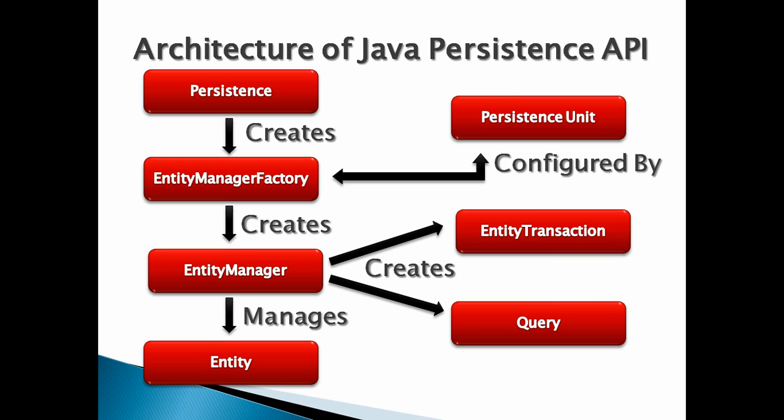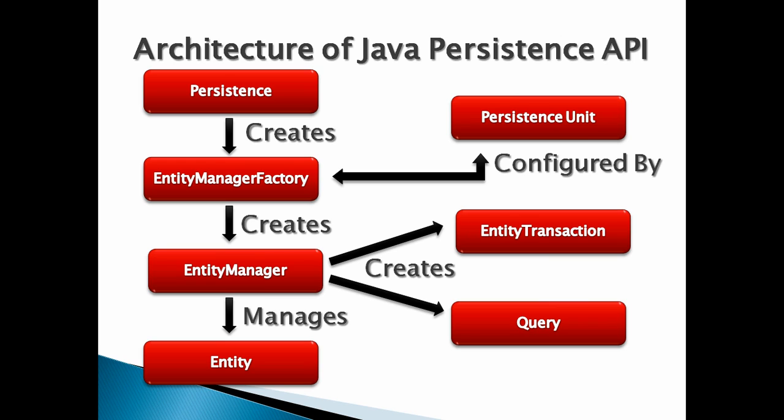Entity Manager Factory is created or configured by Persistence Unit during application startup. It is created once in an application and kept alive for later use. It's in the package javax.persistence. It's represented as one Entity Manager Factory object per database. It's a factory which is used to create Entity Manager objects.